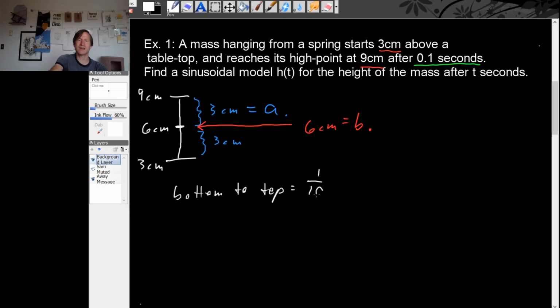Well, that means it's going to take another 1/10 of a second to go from the top to the bottom. And so the total length of a cycle is going to be 2/10 of a second, or 1/5 of a second. So that's the period.